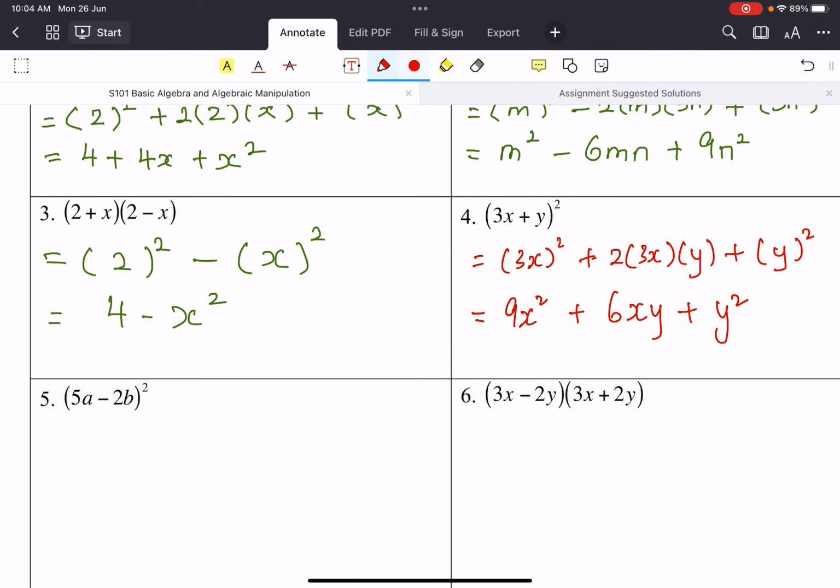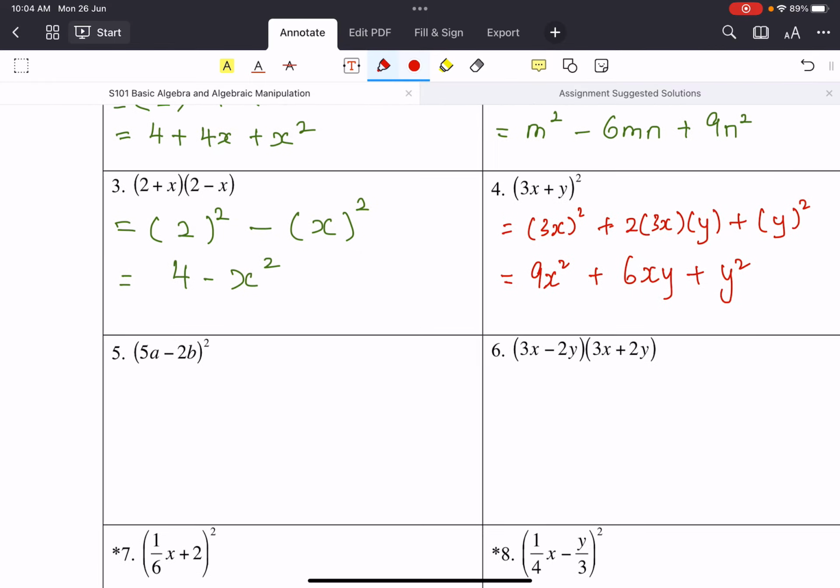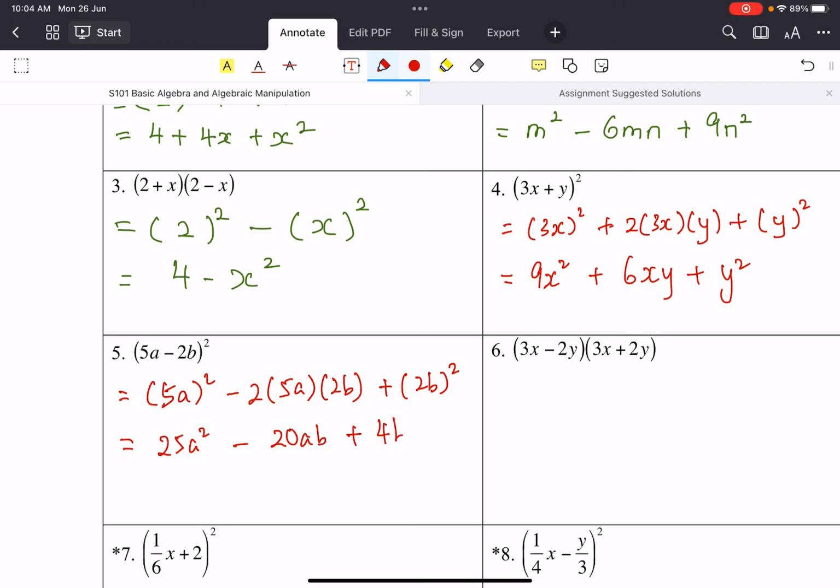Okay, the next question, this time round subtraction again. Recognize the structure. (5a) squared minus 2 times (5a) times (2b) plus (2b) squared. Again, this is 25a squared minus 2 times 5, 10, 10 times 2, 20ab plus 4b squared.